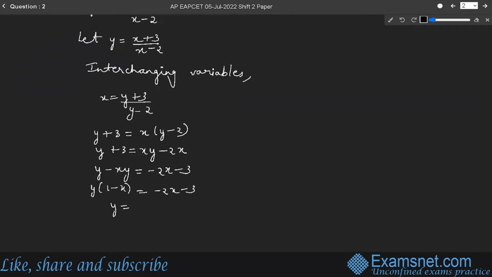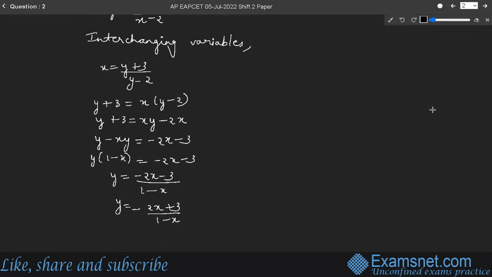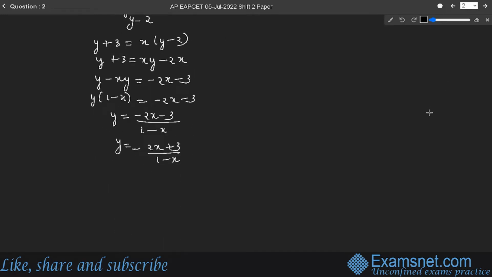So, y will be equal to minus 2x minus 3 divided by 1 minus x. Or we can write it as y is equal to minus of 2x plus 3 divided by 1 minus x. Now we have to calculate the f inverse x. So f inverse x will be equal to minus 2x plus 3 divided by 1 minus x.